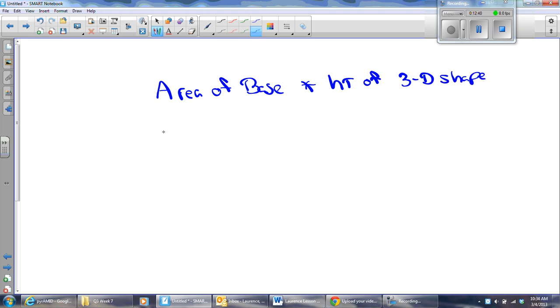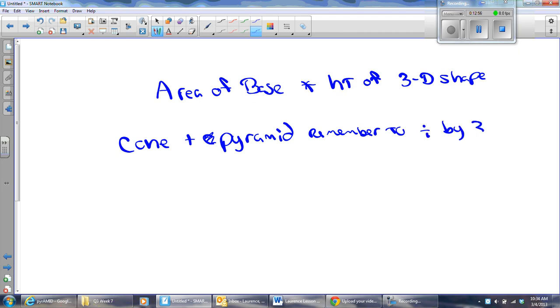Okay, now with the cone and the cylinder, pyramid, it's the same formula, except we have to remember to divide by 3. Okay, because remember, 3 cones make a pyramid. 3 cones make a cylinder. Remember, Miss Eubank demonstrated that by pouring the blue water. And then 3 pyramids make a cube, and that's what you did when you worked in groups, and we did a third of a cube exercise.